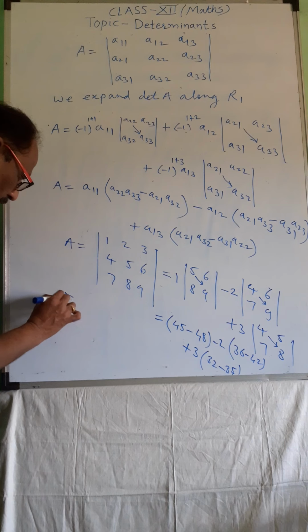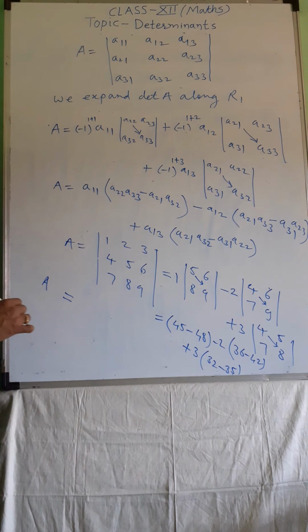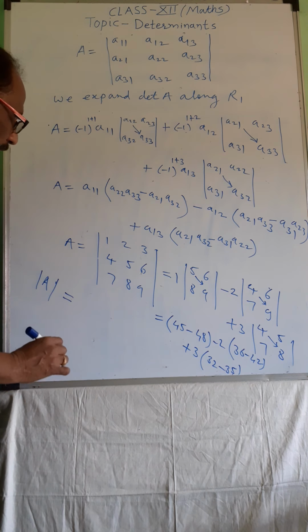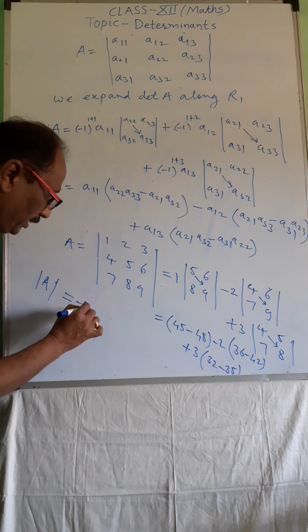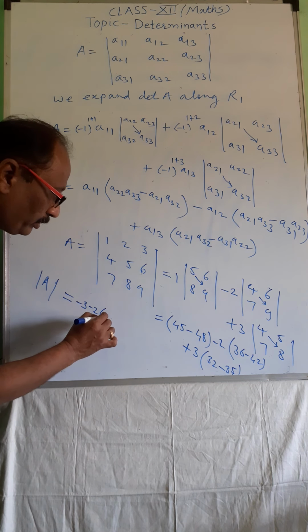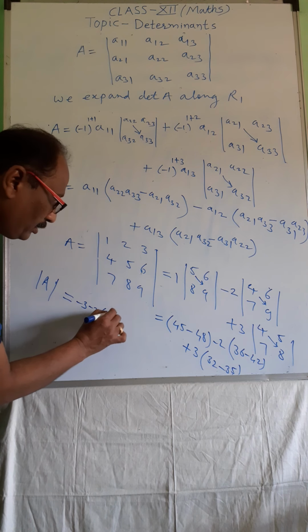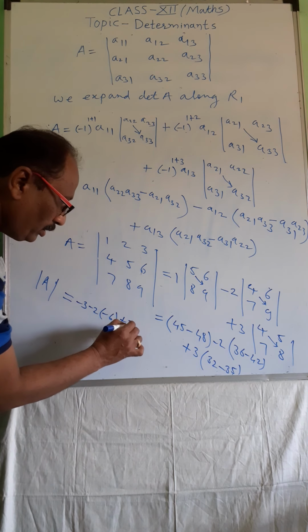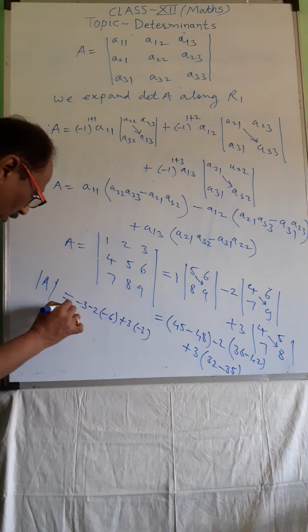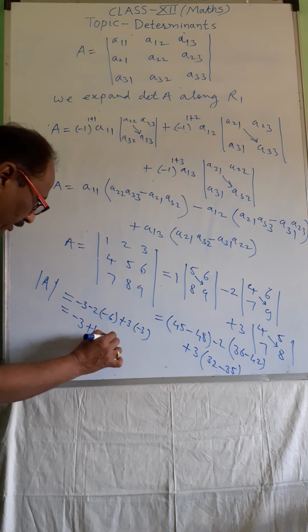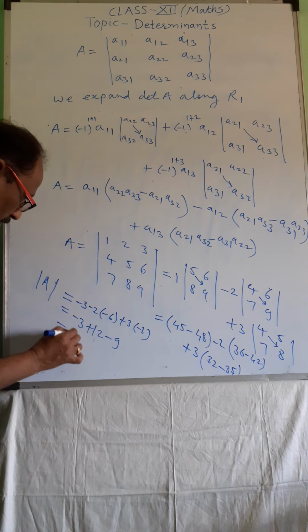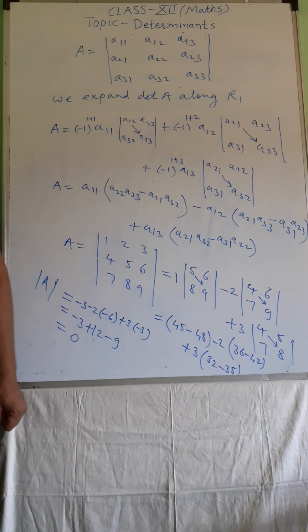So determinant of A is equal to 45 minus 48 minus 2 into minus 6 plus 3 into minus 3, that is minus 3 plus 12 minus 9, so the determinant will be 0.